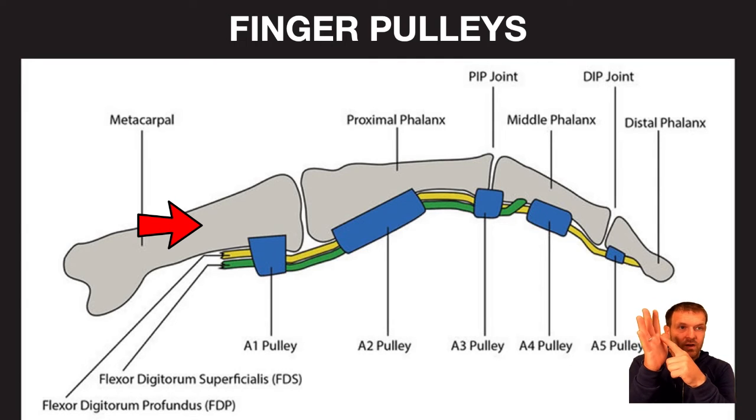So 5 pulleys dotted all along the finger. The pulleys are thickenings of connective tissue. We've got these tunnels that the tendons go through, and then there's a bit of thin connective tissue, a bit of thick, then thin, then thick. It's these thick portions that are called the pulleys.